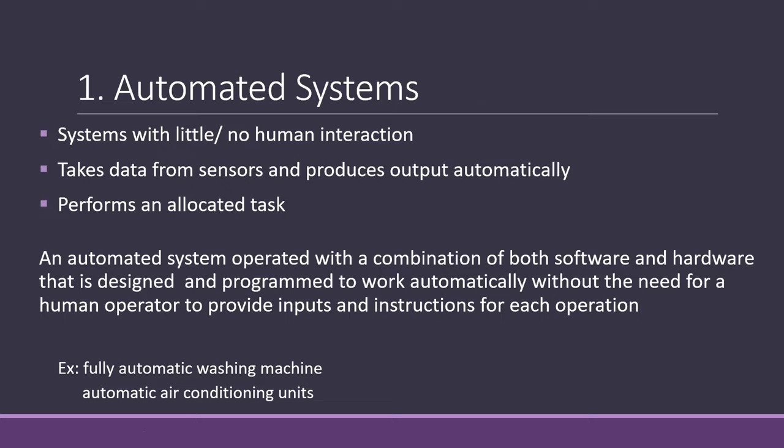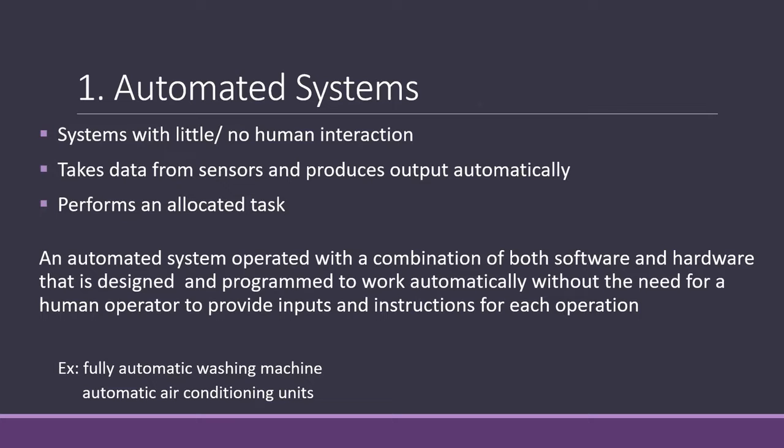They have sensors to grab sensations from the environment, and they can also produce output automatically. They can be fully software-based systems as well as embedded systems, hybrid versions with software as well as hardware together. In those cases, they will have hardware actuators as well.